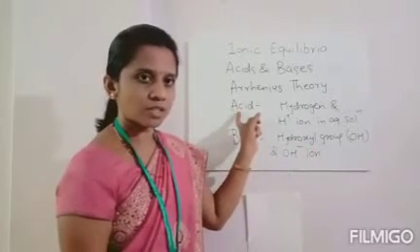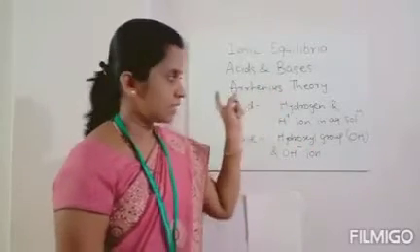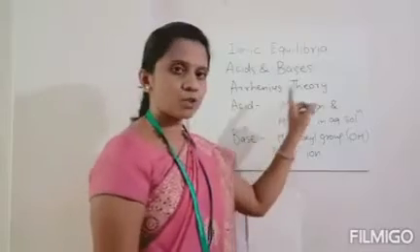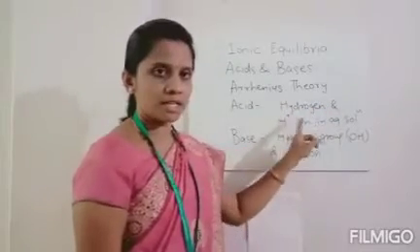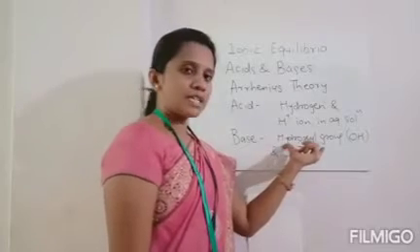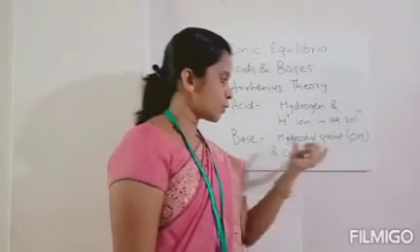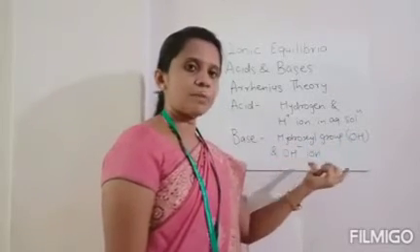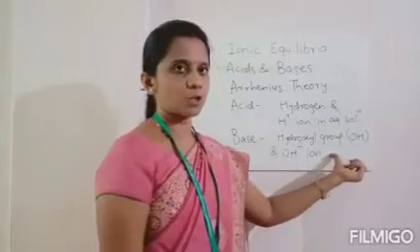So understood the concept of Arrhenius theory. Acid contains hydrogen and will give H plus ion in aqueous solution, and base contains hydroxyl group, that is OH group, and will give OH minus ion in aqueous solution.